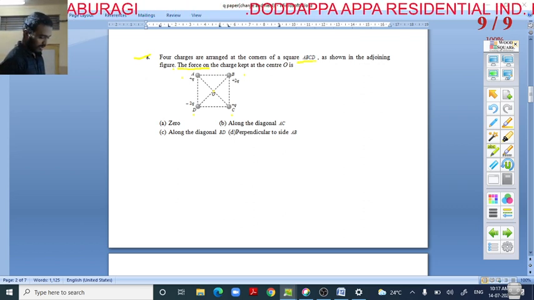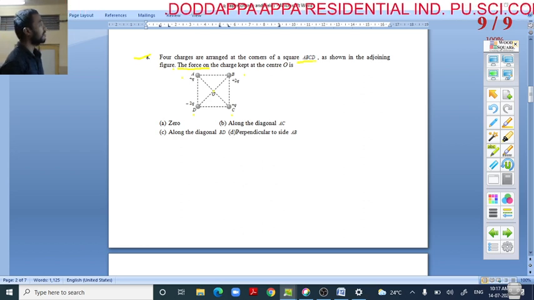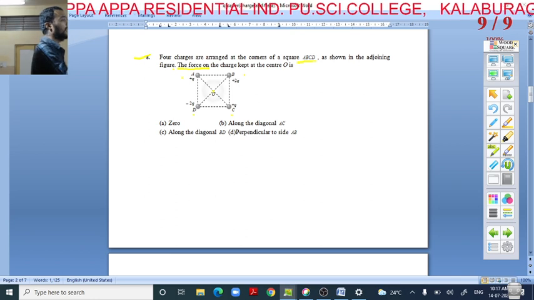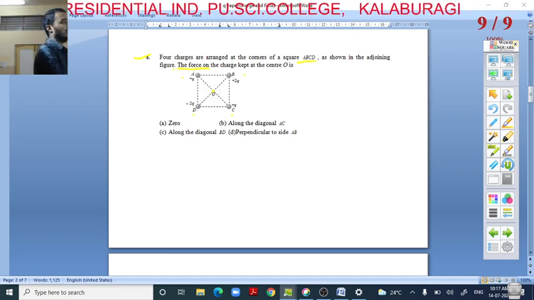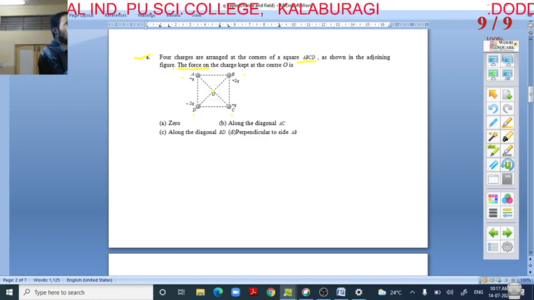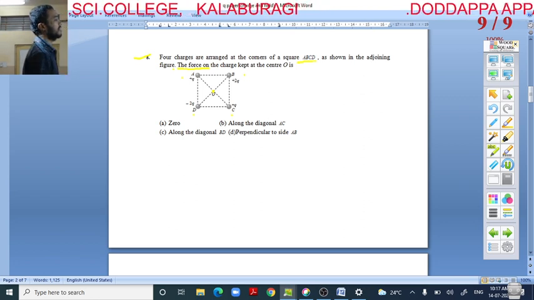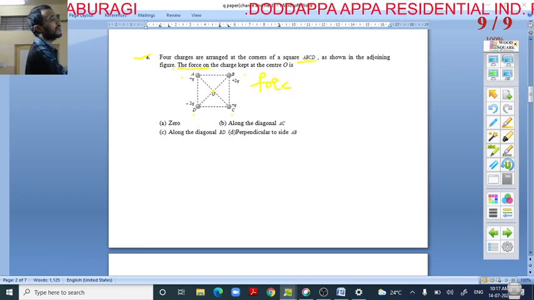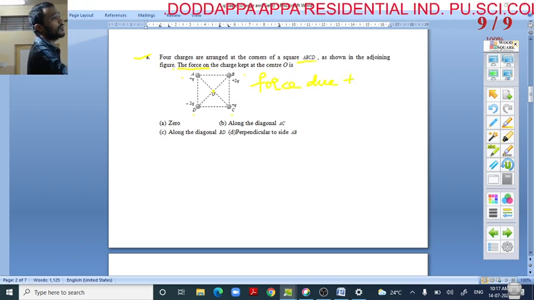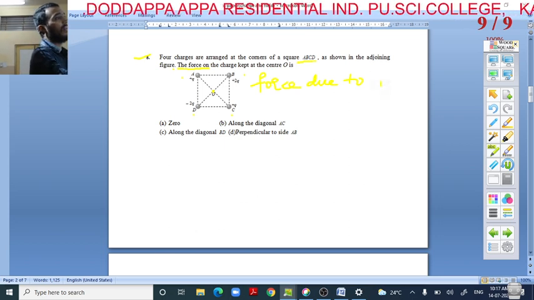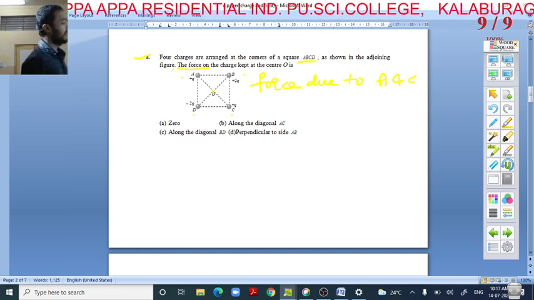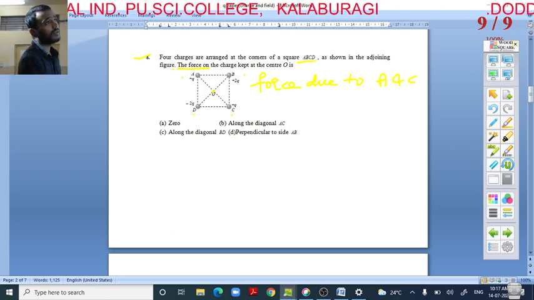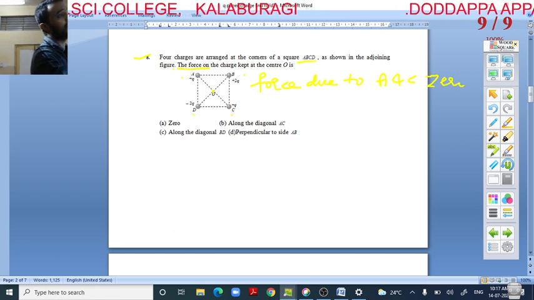So, yes, let us try to understand here. If we put a unit positive charge at O, then the force due to A and C becomes zero.